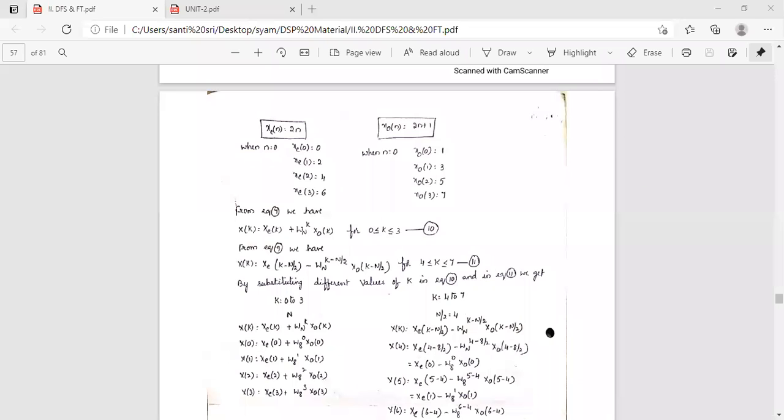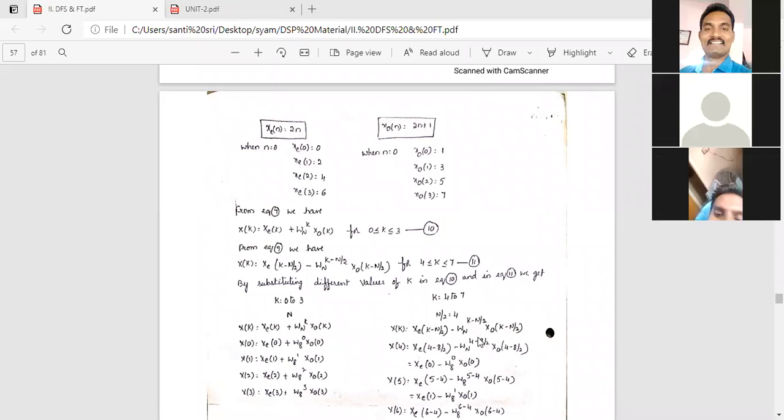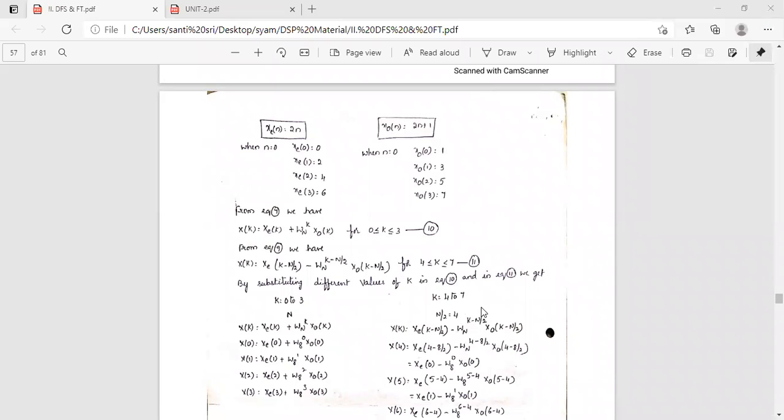Similarly, by substituting the values of k from 4 to 7 in equation number 11, we will get x of k is equal to xe of k minus n by 2 minus wn power k minus n by 2 into xo of k minus n by 2. So if k is 4, then we will get x of 4 equal to xe of 0 minus w8 power 0 into xo of 0.